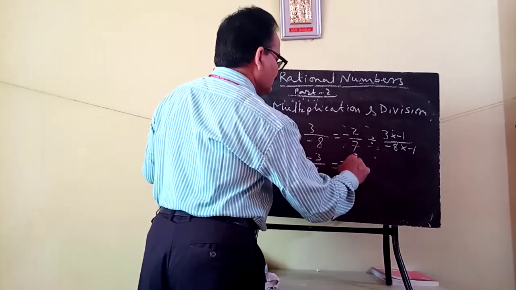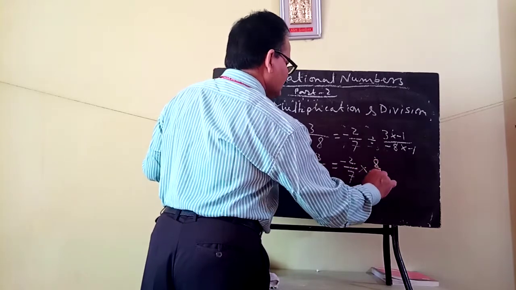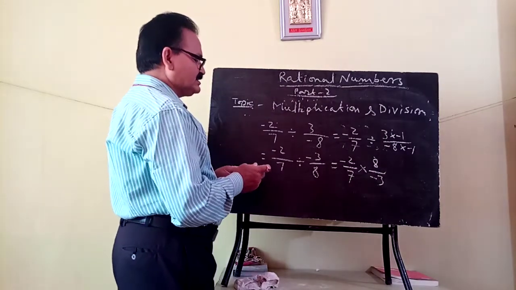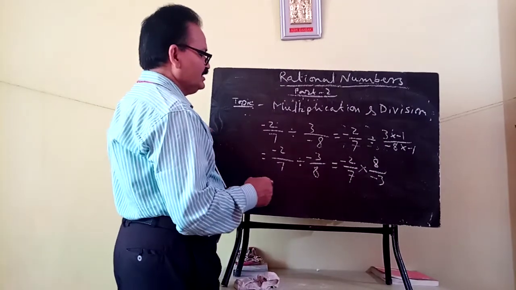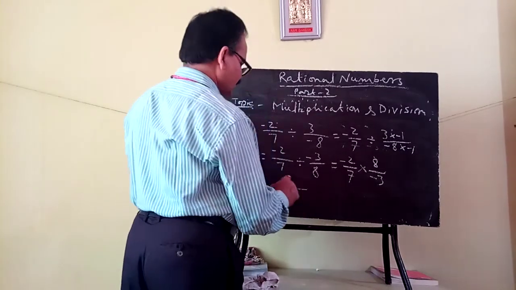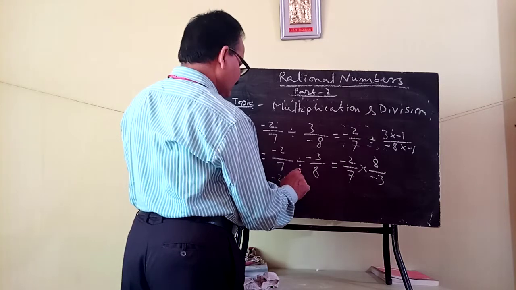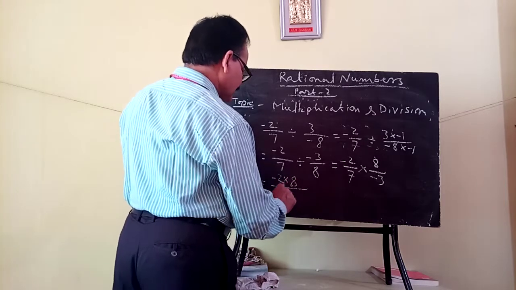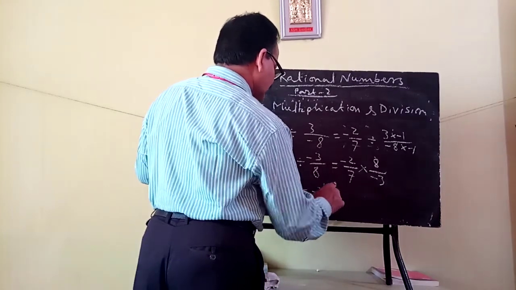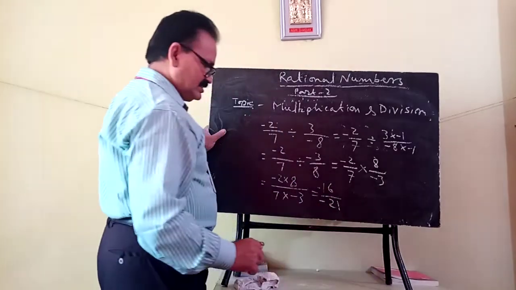Again, this is -2/7 into 8/-3. Now you just multiply -2 into 8, 7 into -3, so this is -16 and -21.